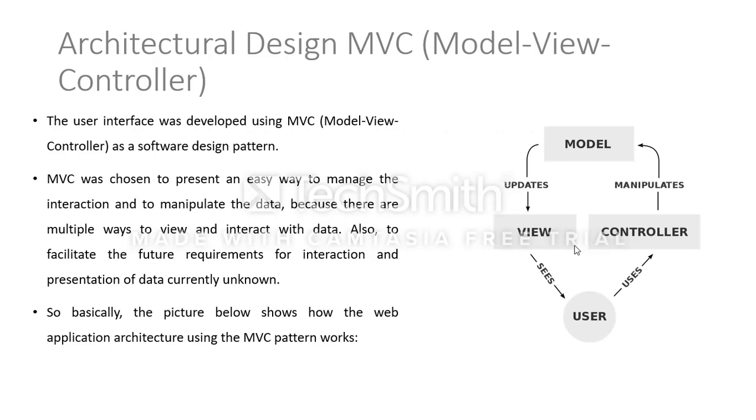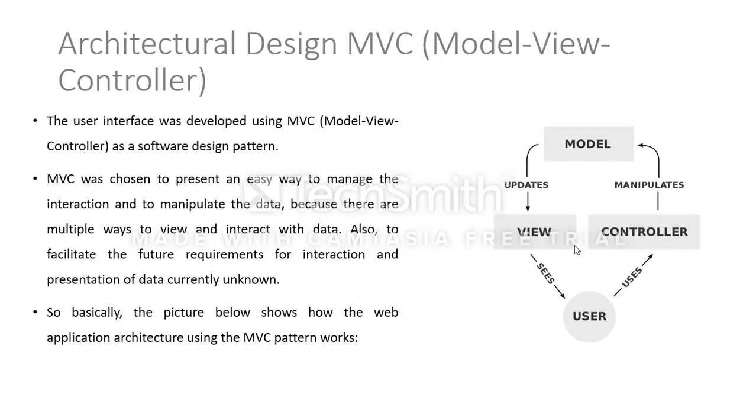In this architectural design, the user interface was developed using anyway. MVC was chosen to present an easy way to manage the interaction between how we manipulate data, because there are multiple ways to view and interact with the data. It also facilitates future requirements for interaction and presentation of data currently unknown.